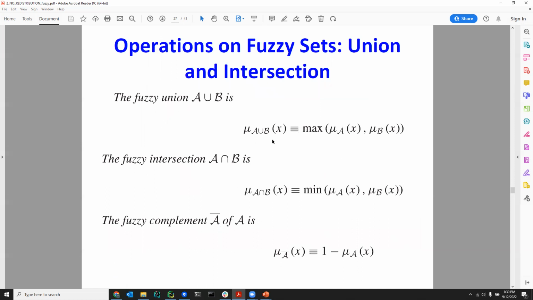There are a number of things you can do for combining and reasoning about membership functions, doing these operations with fuzzy logic as opposed to Boolean logic.